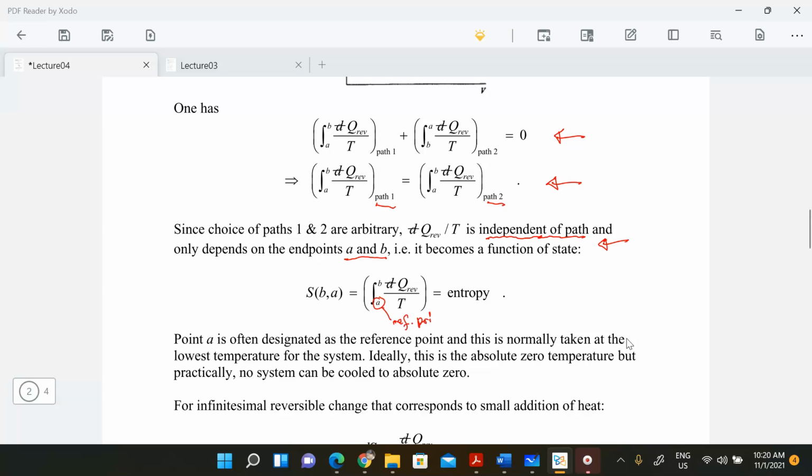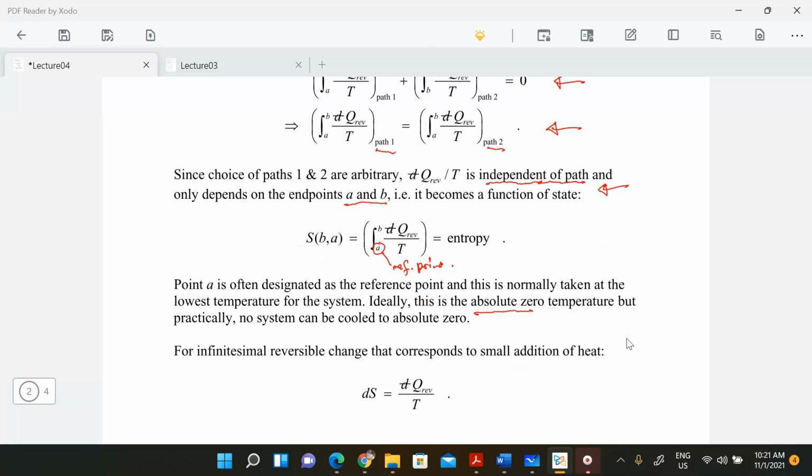Depending on the system, this is usually taken at the lowest temperature of the system. Ideally, the lowest temperature would be absolute 0, but unfortunately, in experiments it's not practically possible to cool a system down to absolute 0. So you look at the lowest temperature instead.